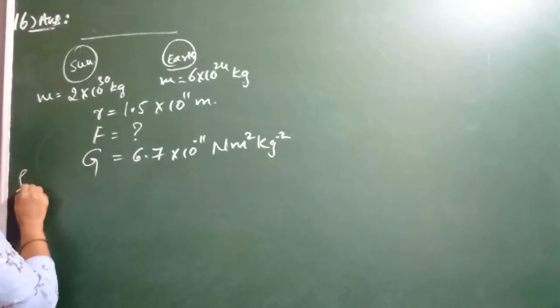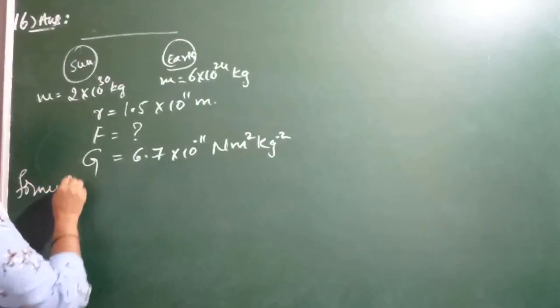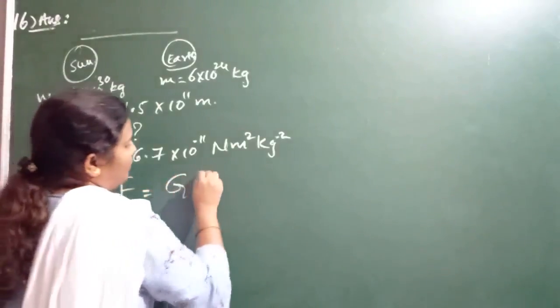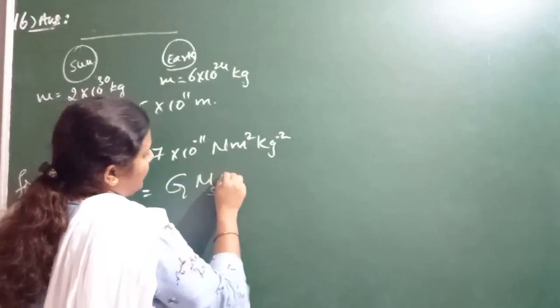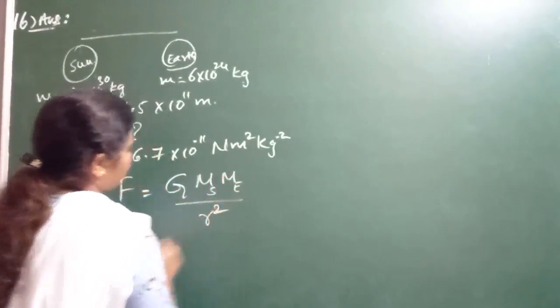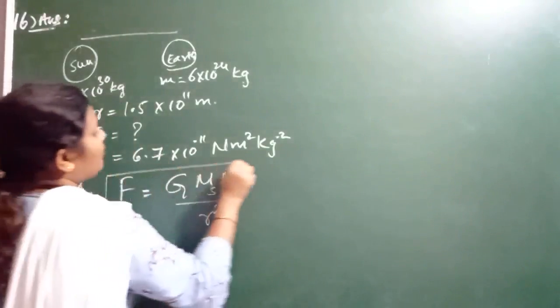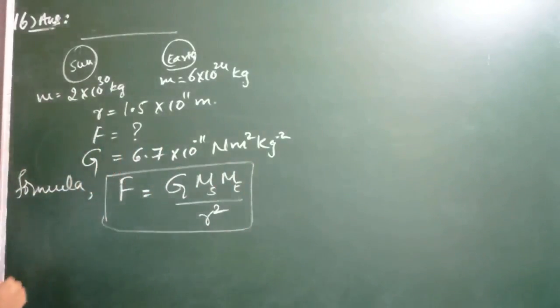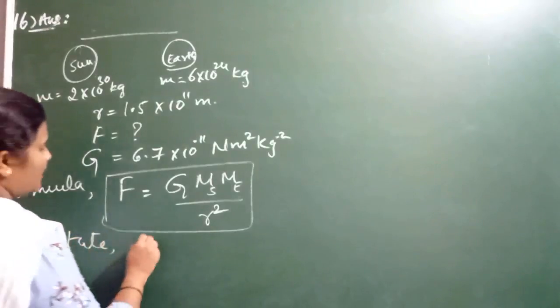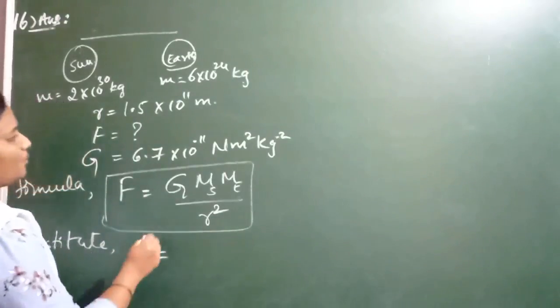Now use the formula. F is equal to G into mass of sun into mass of earth divided by R square. This is the formula. Now substitute the values, children. F is equal to, what is this?